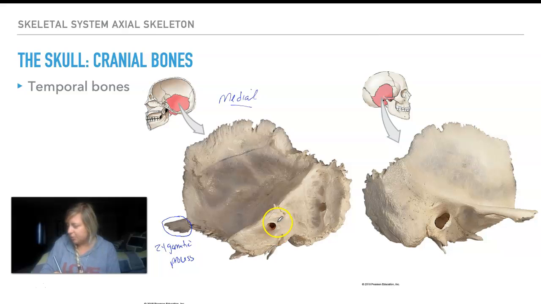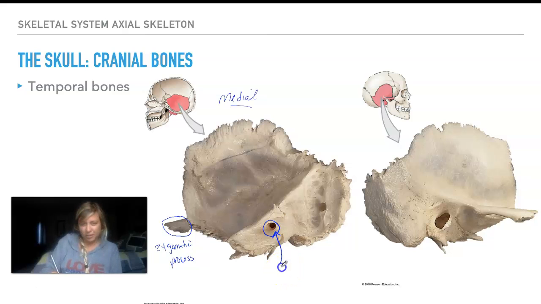You can also see a little structure sticking out, or a hole here. This hole would be the canal that the ear canal runs through.